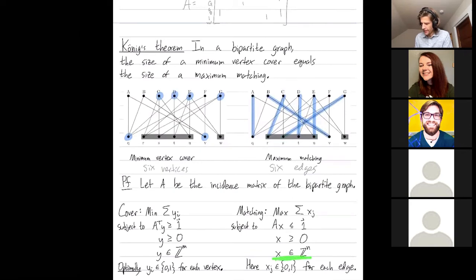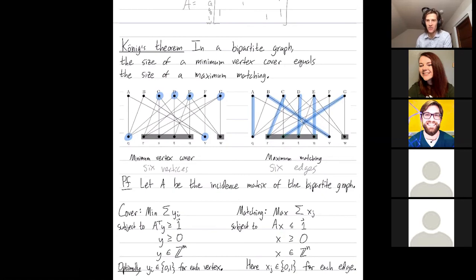We just need to add in this integrality constraint, and then it turns out that together, the integrality constraint and this constraint imply that each xj can't just be an arbitrary integer. It has to be either 0 or 1. All right, so solving this problem solves the maximal matching.